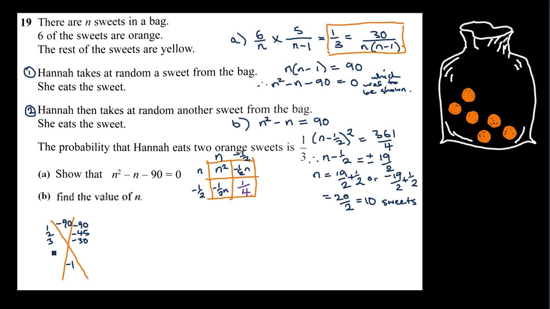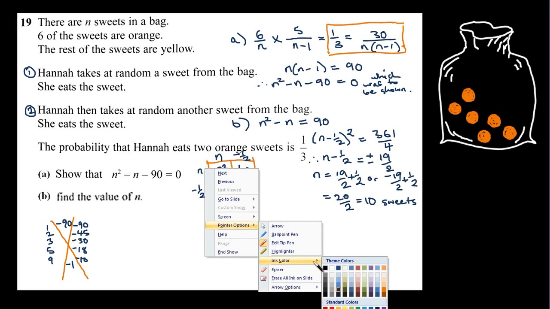But we're still a long way off minus 1 as being the difference. 4's not going to work. 5, 6, 7, 8, 9. Well, actually 5 is one of the factors of minus 90. That would give us minus 18. But yeah, it's going to be 9 and minus 10. So there we are. 9 times minus 10 will give us minus 90, and 9 minus 10 will give us minus 1.